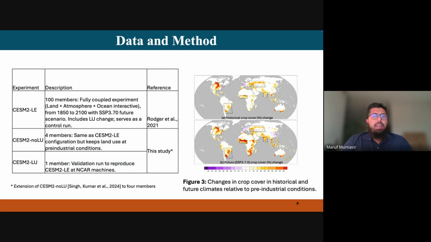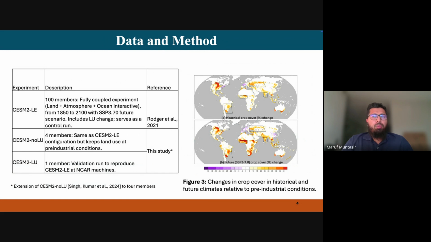So we have used 100 ensemble members of CSM2 LE output, which are fully coupled, which means it is land, atmosphere, and ocean interactive. We used the output from 1850 to 2100 with the SSP3-7.0 future scenario.